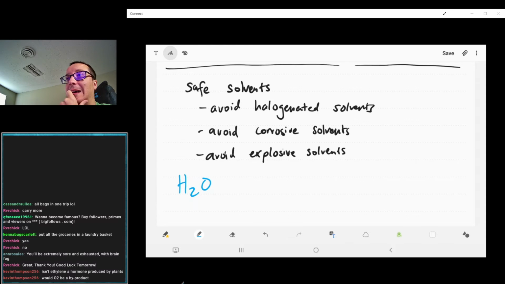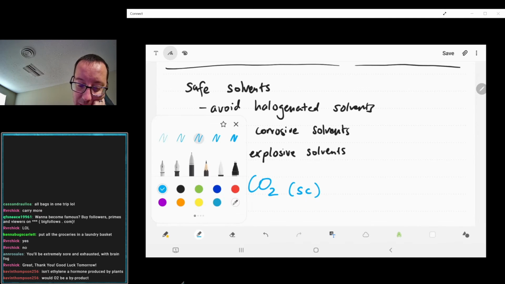But we're going to see that water is superpolar. A lot of organic things are not polar. And so there is a pretty useful solvent that is neither explosive, corrosive, or halogenated, which is carbon dioxide in the supercritical state.